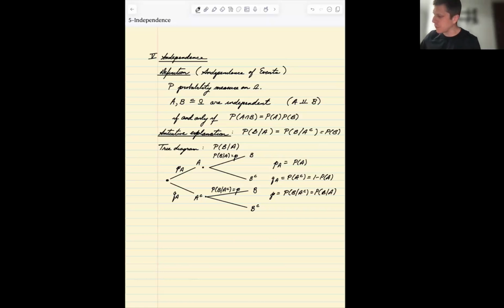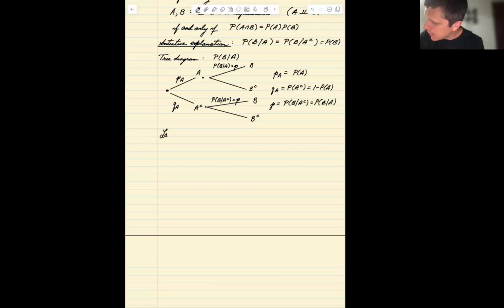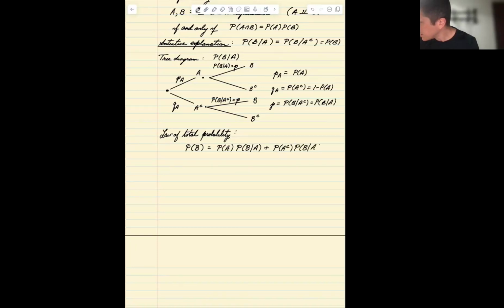Then what can we say by the law of total probability? By the law of total probability, we can express the probability of B as the probability of A times the probability of B given A, plus the probability of A complement times the probability of B given A complement.